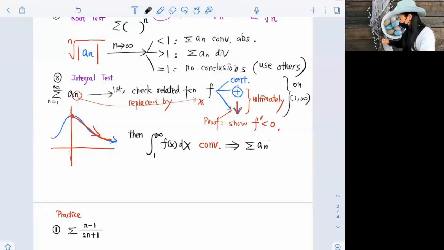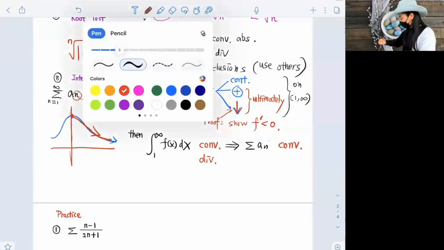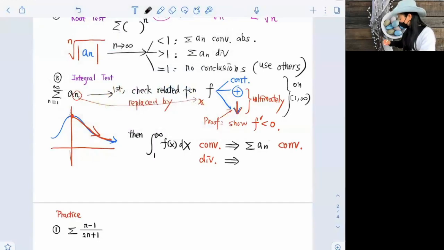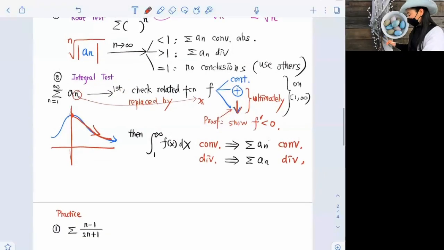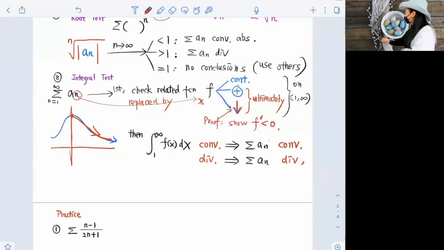It also converges. They converge together, right? If this one diverges, then the other one will also diverge. So it goes both ways. That was the integral test.